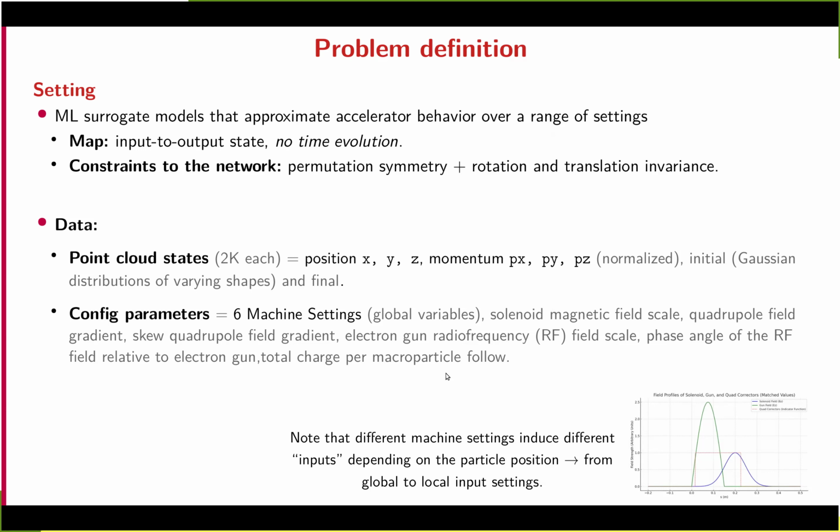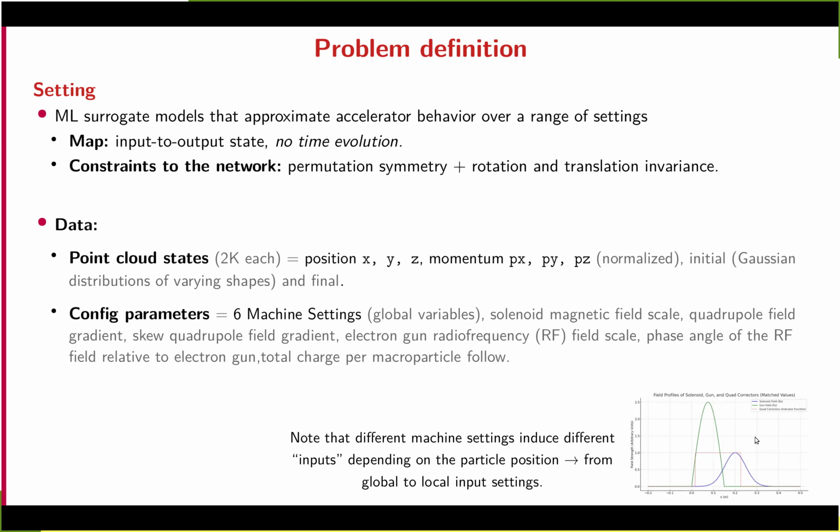An important consideration is that while these are 6 fixed parameters that are associated with components of settings of the actual accelerator, their influence on each particle is different. Because, in an intuitive way, if we set a magnet in a certain way, the effect of that magnet on particles that are located in different places is different.